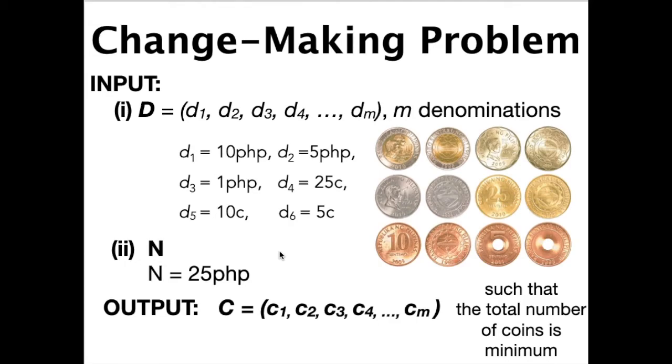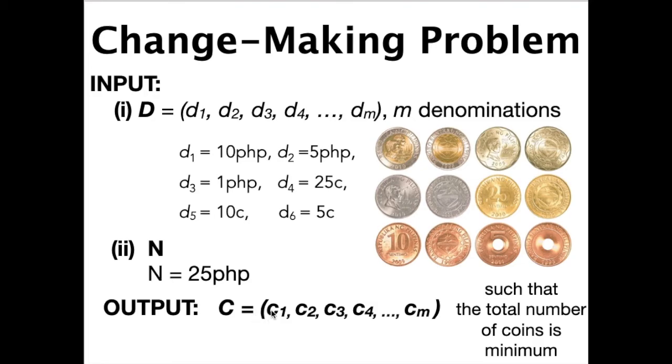Suppose we have an integer that is n, and that n is 25 pesos. Suppose magpapabarya ako, I have 25 pesos, pabarya nga po. The output should be the coins that can represent 25 such that the total number of coins is minimum.